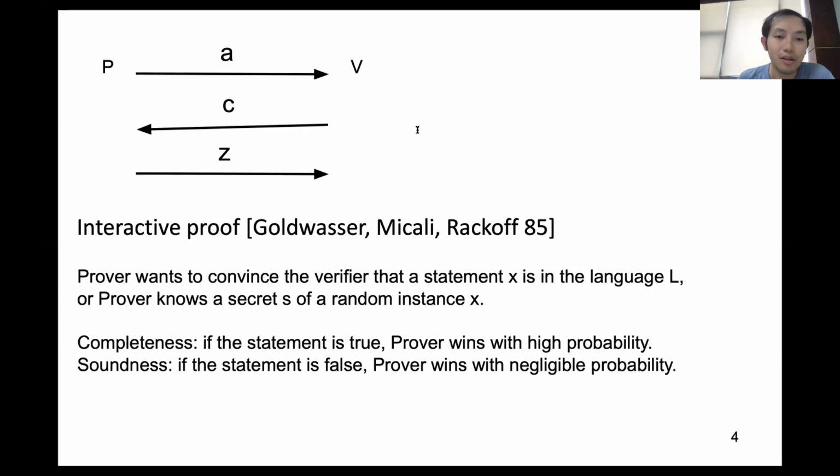A little bit about the terminology here, just in case you are not familiar with it. When we say an interactive proof is a proof, it means the soundness holds for a computationally unbounded prover.